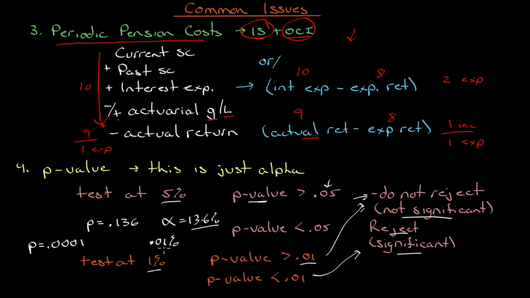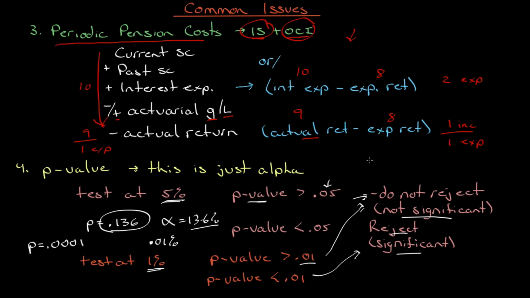Not 1%, but 0.01%. So the p-value is just a really quick way for us to look at the value and say, well, that is the alpha that we would have to use in order to reject the null. 13.6% is simply too high. We want alpha at 5% or alpha at 1%.